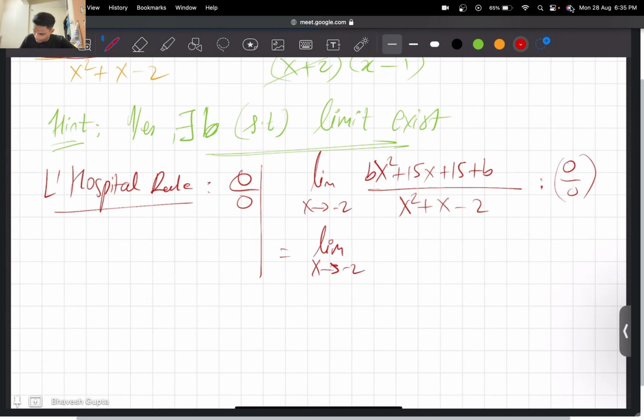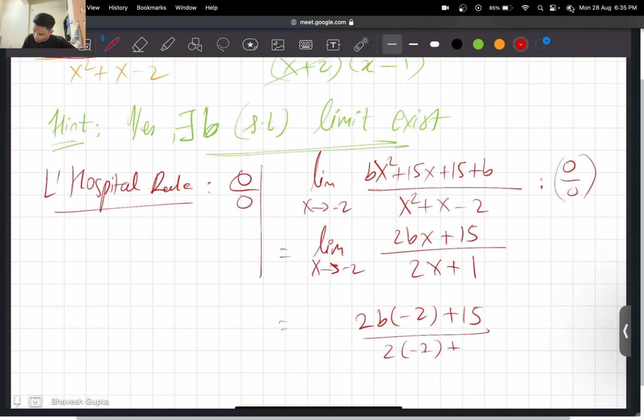To apply this L'Hopital rule, you have 2bx plus 15, and you have 2x plus 1. Then you can substitute back to get your limiting value, which is 2b times minus 2 plus 15, over 2 times minus 2 plus 1.